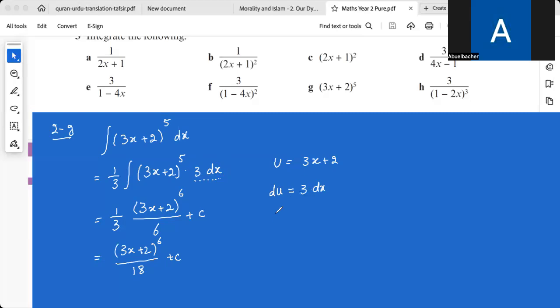Then the function is turning into u to the power 5 du. If we write it, we can write 1 over 3 here as well. So now it is 1 over 3 u to the power 5. With respect to u, we integrate, so u to the power 6 over 6 plus c, and put the u back. Then it is 1 over 18 times 3x plus 2 to the power 6. So it's the same answer, isn't it? Yeah. So there is no difference.